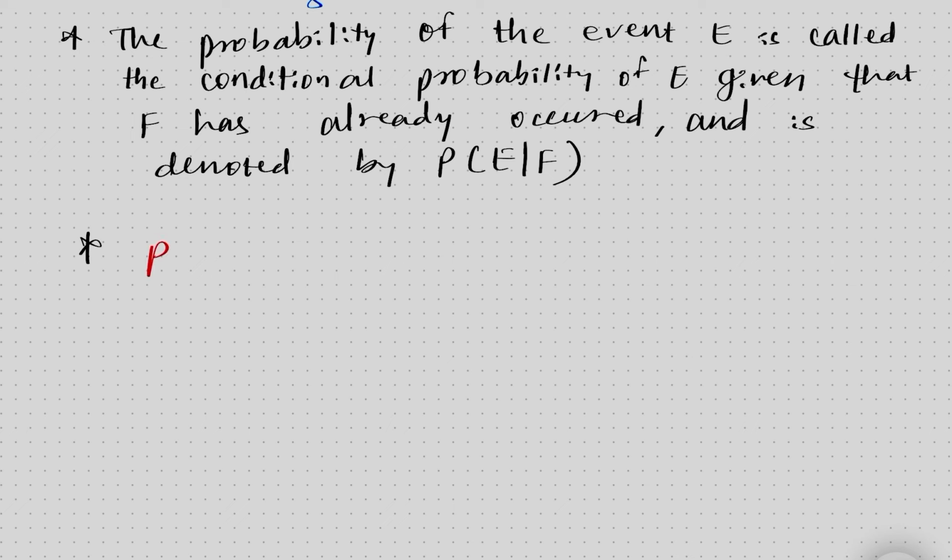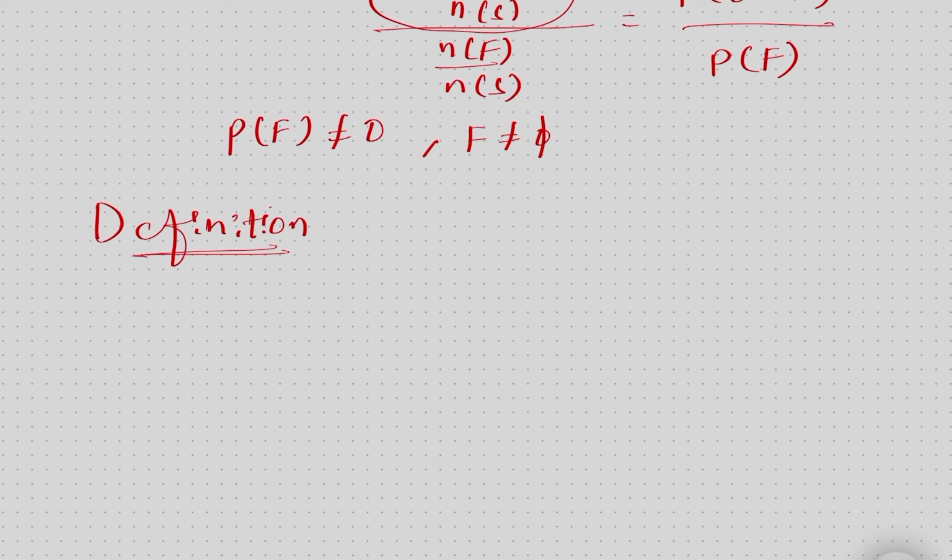The conditional probability of E given that F has occurred is the number of elements in E intersection F divided by the number of elements in F. It means, can I write like this: number of E intersection F divided by number of S, whole divided by number of F divided by number of S, and this complete is defined as P of E intersection F divided by P of F. So we can define conditional probability, but here the condition is P of F is not equal to 0, or we can say F is not a null set.